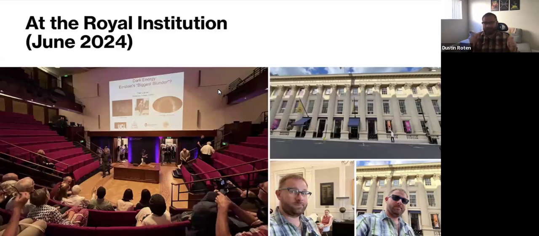This auditorium was the same room that Michael Faraday and a lot of other famous scientists gave very influential lectures, just to the public. If you ever go to London, I highly encourage you to go see a lecture here. It's a very old building, a very old institution, and you can sit in the same room as some of the greatest scientists that ever lived, where they've given lectures.